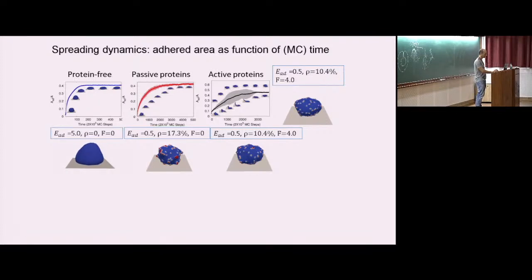So we have the case without any proteins. Basically you have only the balance of adhesion and bending energies. That's the only energies that you have. Then you have the passive proteins, so you also have some aggregation between them, but you see that the aggregation is not very strong by itself because they are highly dispersed.